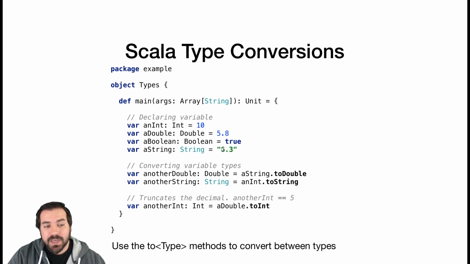This string happens to be a well-formatted double. So we can take that string and just slap a toDouble on it. And Scala's going to do its best to convert that string into a double. Since this is a well-formed double, something that can be represented as a double, this is going to return a double, and we can store that and then treat it as a double.